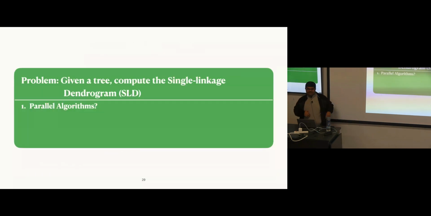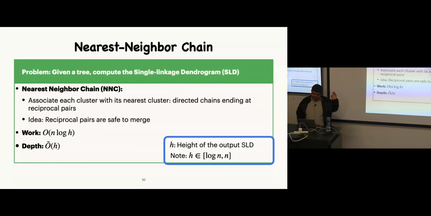So now the question is, do we have parallel algorithms for this? And it turns out there is a very classic algorithm called nearest neighbor chain. I won't go into the details of this algorithm, but it's a pretty simple idea. It proceeds in rounds, where in each round you associate each active cluster to its nearest neighbor, its closest cluster.